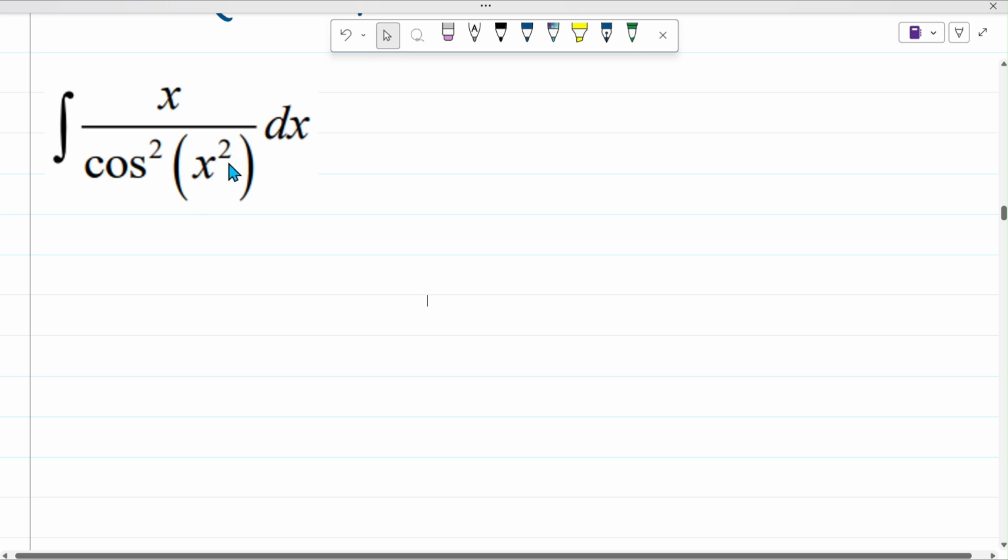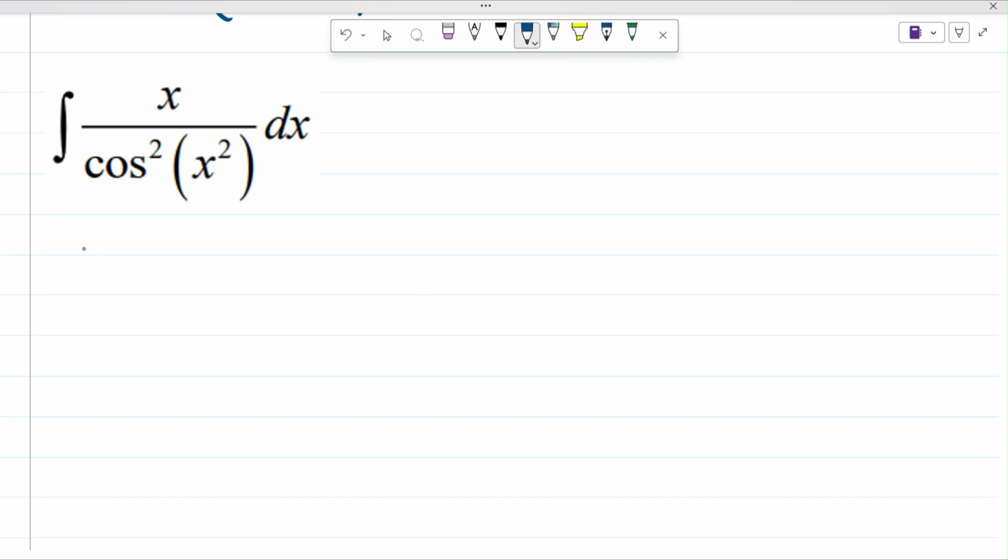So we need to rewrite this nicely first, because we can see that it's not in a nice way. So to rewrite this nicely, we're going to make use of reciprocals, because we know that 1 over cos is equivalent to what? To sec, right?